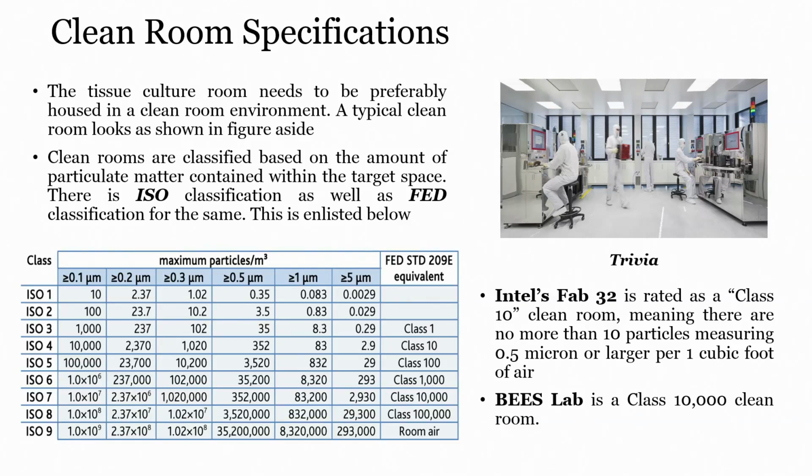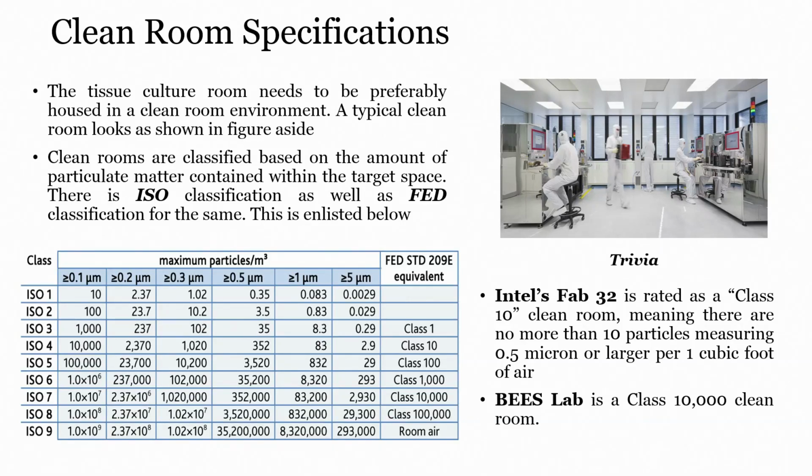When you talk about class 1, that will be ISO 3, and it is a clean room which has about 1000 particles greater than 0.1 micron, about 237 greater than 0.2, and so on till 0.5 till 5 microns.